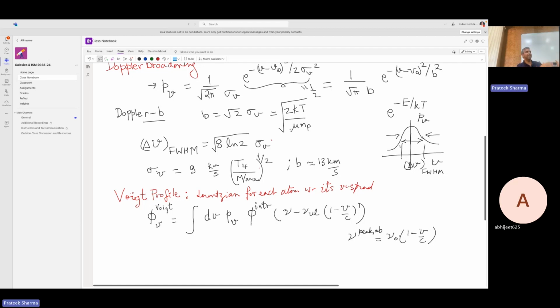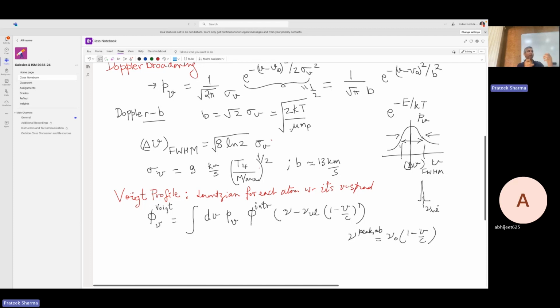So if V is much less than C, this is the frequency that these atoms will see of the radiation, which is at nu UL.